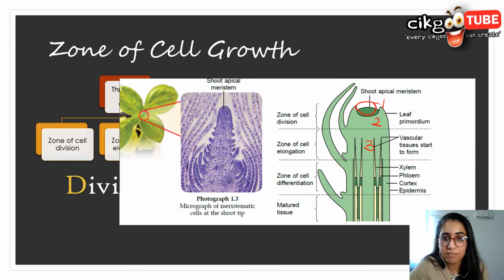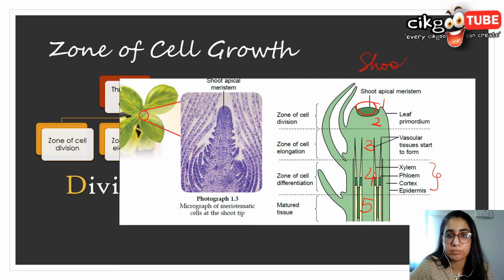And then we have the zone of cell differentiation. It differentiates into xylem, phloem, cortex, epidermis, guard cells, and so on, whatever cells you have in a plant. And once everything has been differentiated, they are called mature tissue. They don't undergo anything anymore. Finish, that's it. So this one is for the shoot.